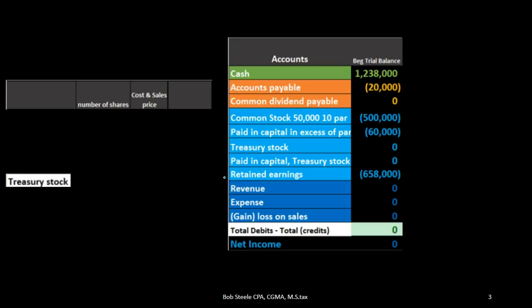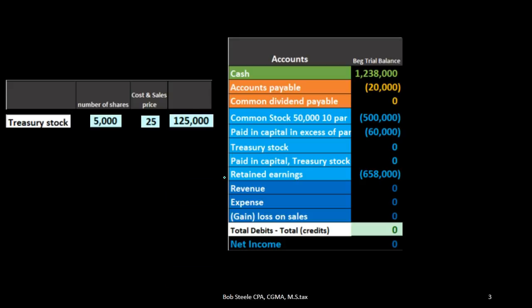If we were to say purchase our own treasury stock, 5,000 units of treasury stock that's already on the market, our own stocks, at a market price, we're saying $25, then 5,000 times the 25 is 125,000 that we would purchase back of our own stock. The journal entry is pretty straightforward.